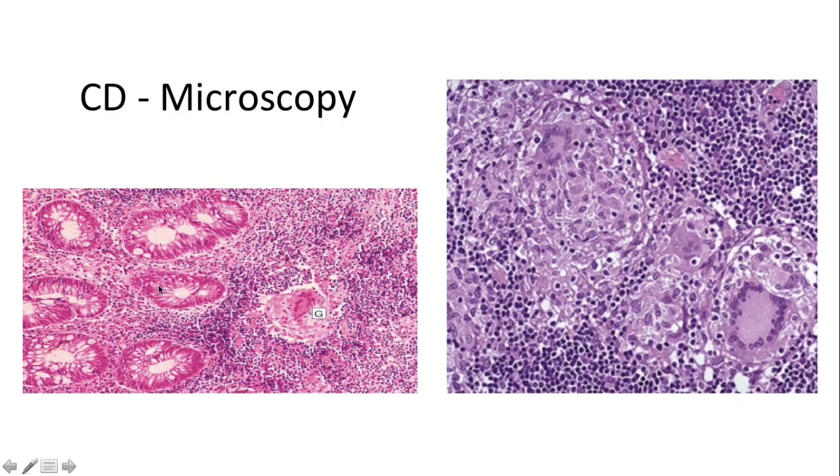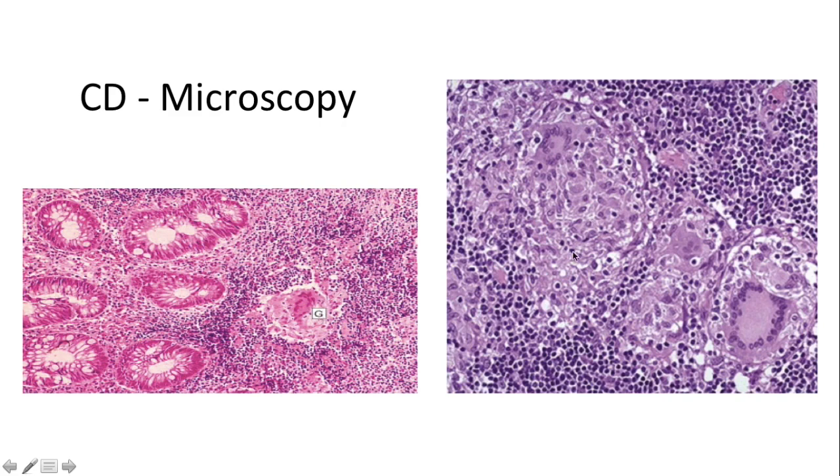Microscopically, the mucosa often shows inflammatory infiltrate. They can have abnormal architecture of the crypt. So rather than a nice rounded crypt, it's got branching and irregularity. But one of the most characteristic features that you can see in Crohn's disease is the presence of a non-caseating granuloma. Okay, so there's a letter G there.